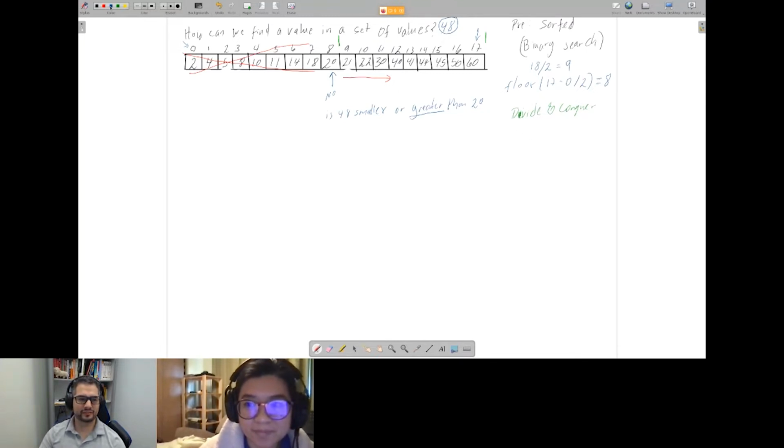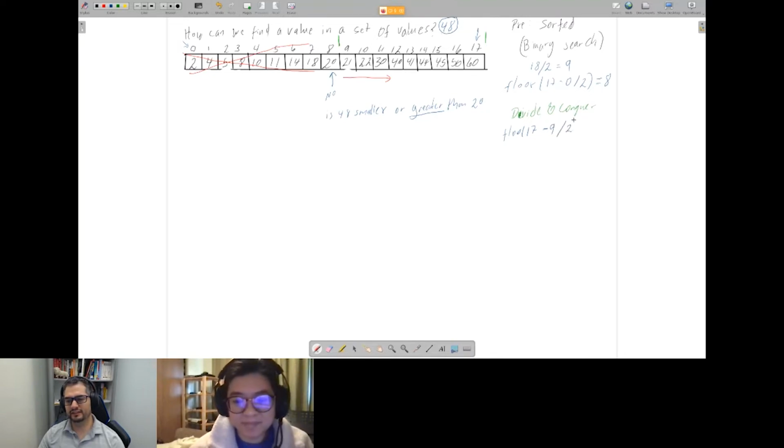We take the floor of the last bucket, 17, minus the first one in the set, which is 9, and we divide it by 2. 17 minus 9 divided by 2 is 4.